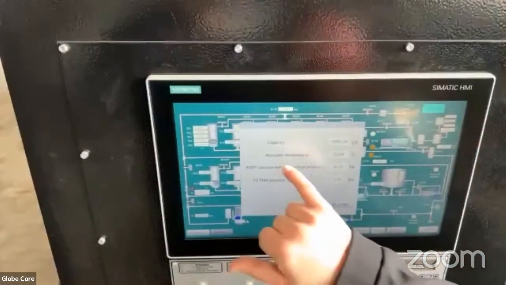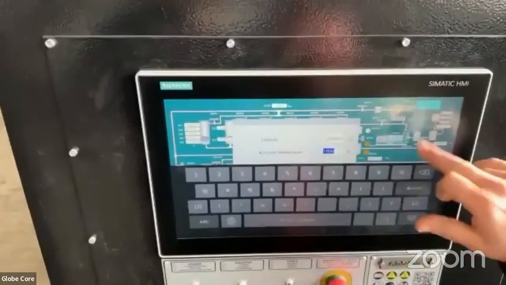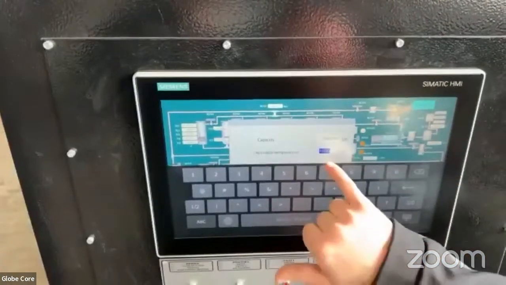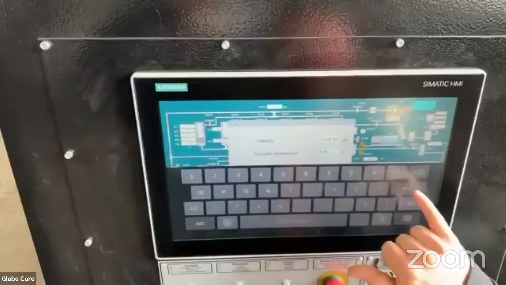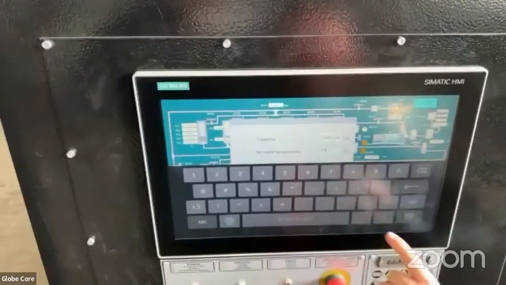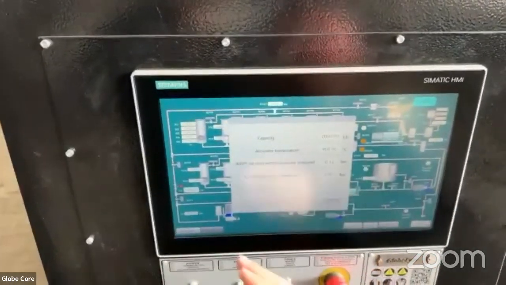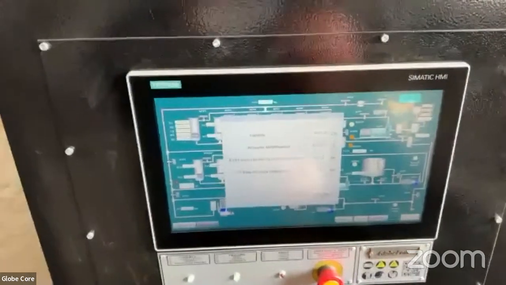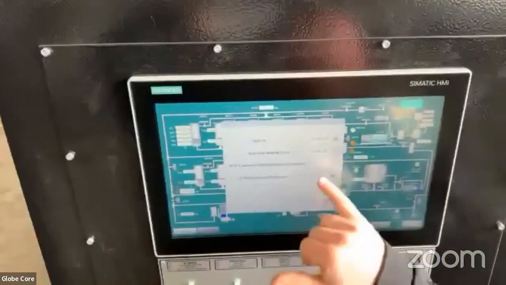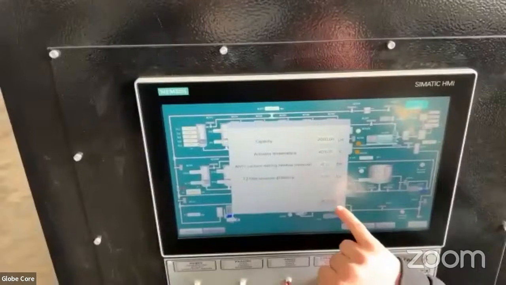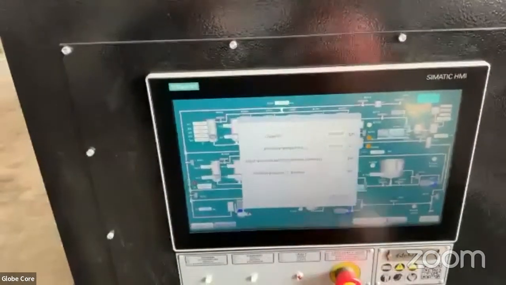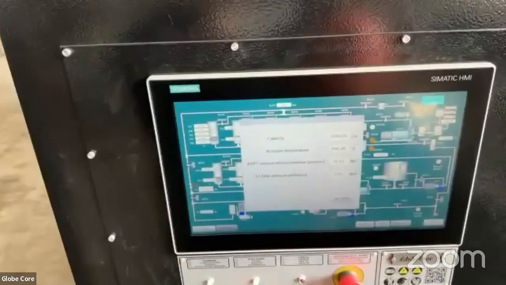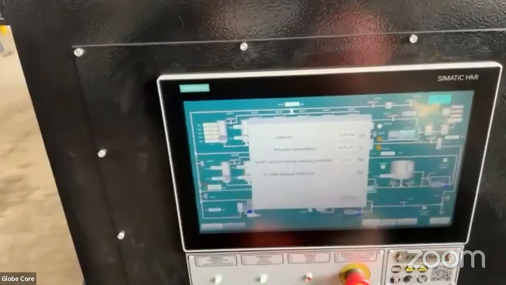Also in settings, you can set the temperature of heaters before the catalytic converters. Normally it's something like 400 centigrade. And this is the service value to control the capacity of the vacuum pump, which provides air during the reactivation process.